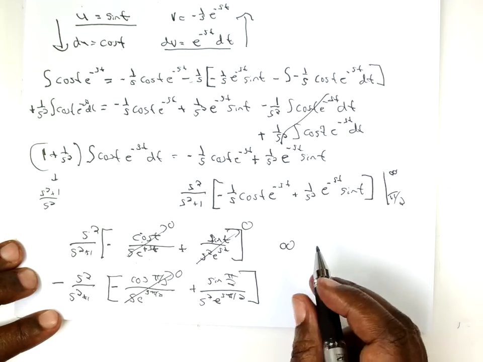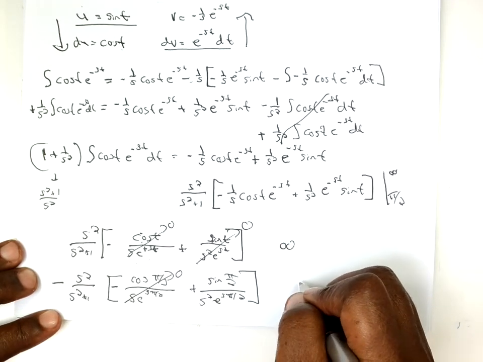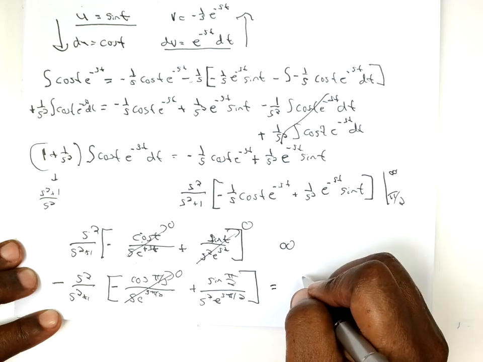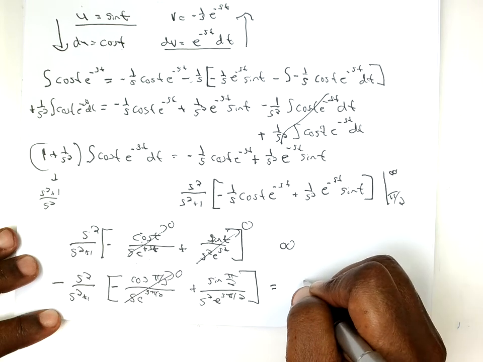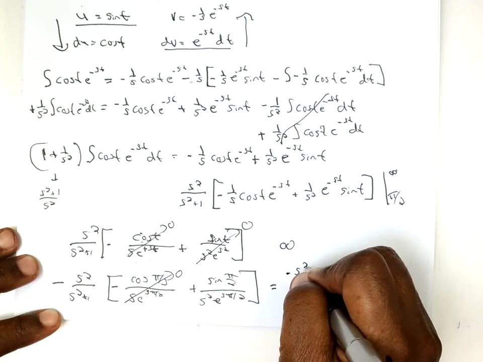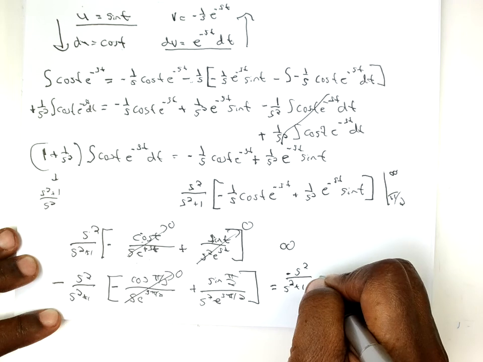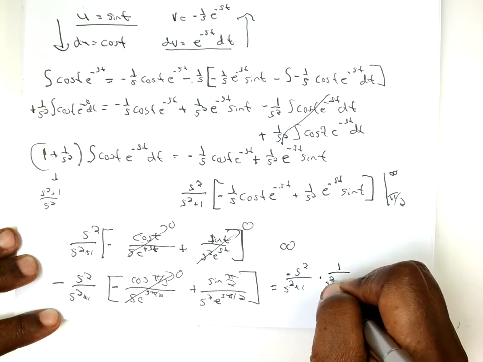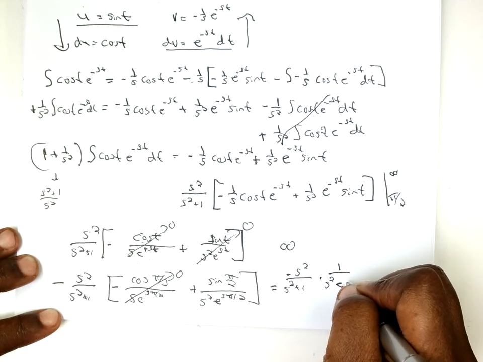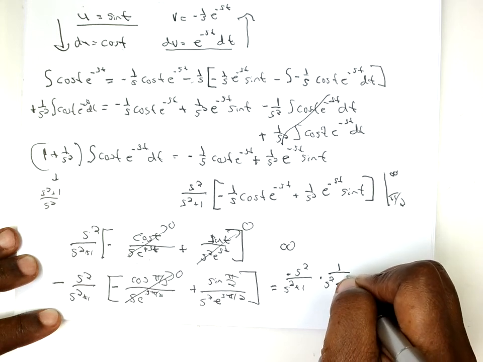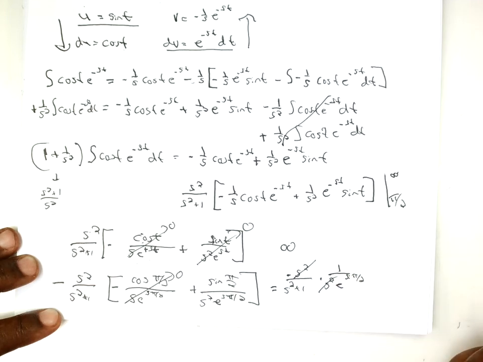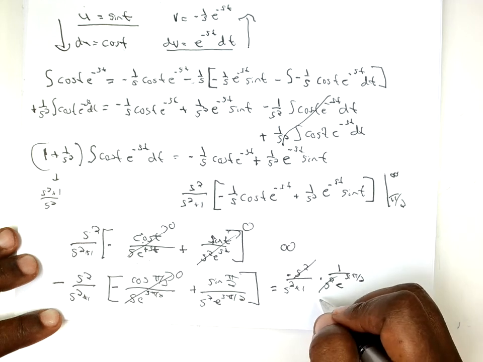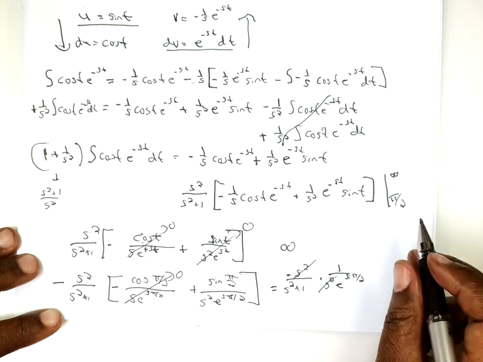This, we get 1 over s squared e to the s pi over 2. So I'm left with negative s squared over s squared plus 1 times 1 over s squared e to the s times pi over 2. So these s squareds cancel, and I'm left with just negative 1 over s squared plus 1 times e to the s times pi over 2.